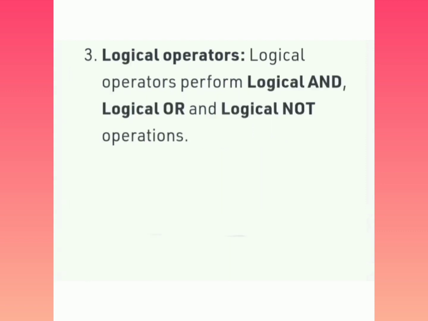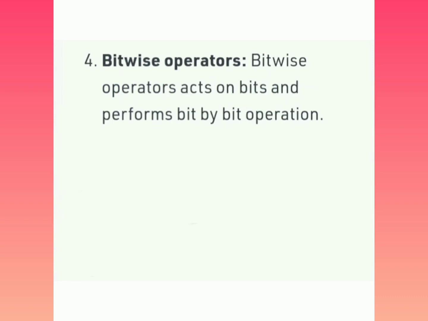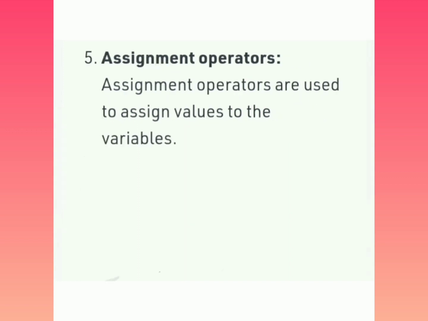Logical operators perform logical and, logical or, and logical not operations. Bitwise operators act on bits and perform bit by bit operation. Assignment operators are used to assign values to the variable.